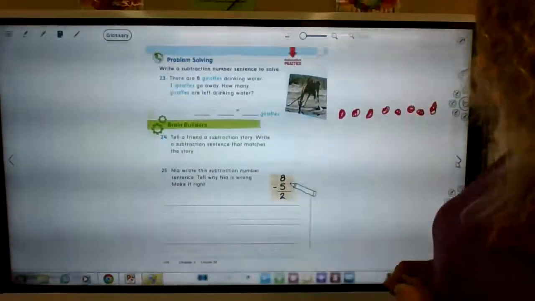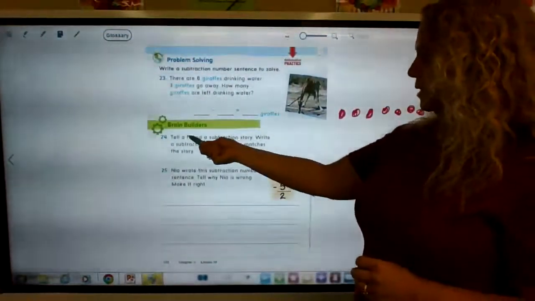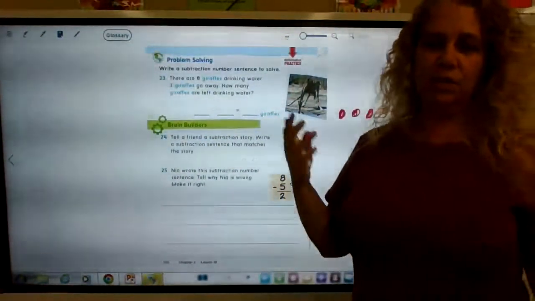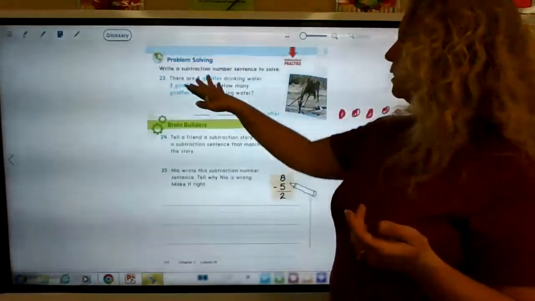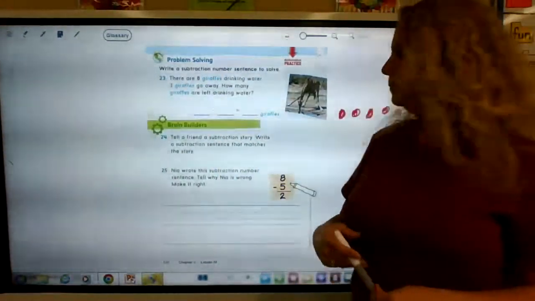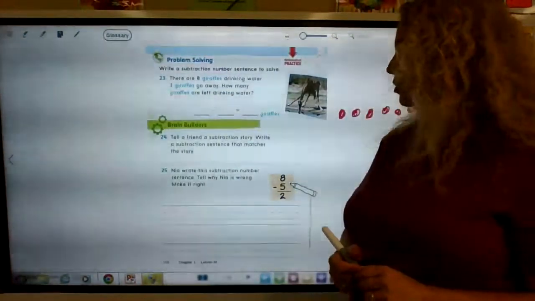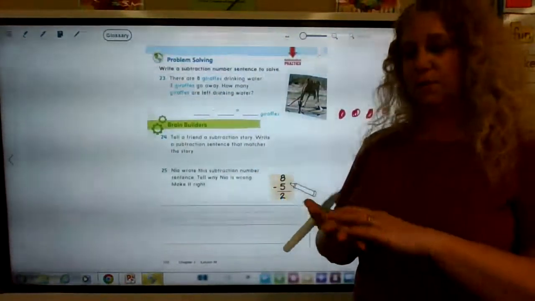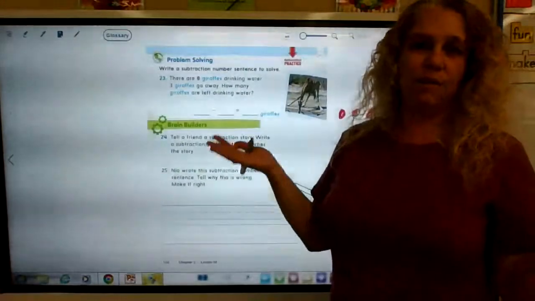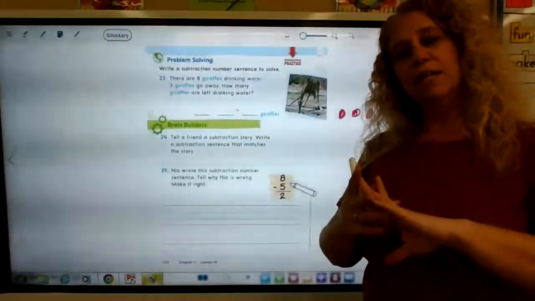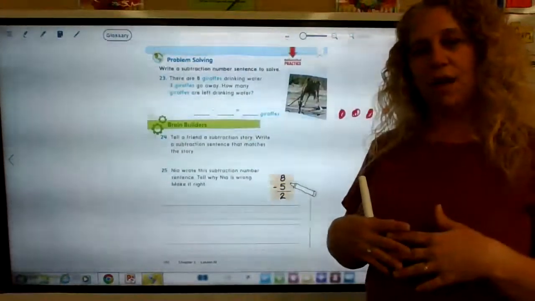Okay. For this one, it says, tell a friend a subtraction story. You can just think of one. You could do zoo animals like they did here. And you're going to write a subtraction number sentence that matches your story. So you're going to come up with, just say like there are 7 something, zebras, flowers. And then say some went away. How many are left?